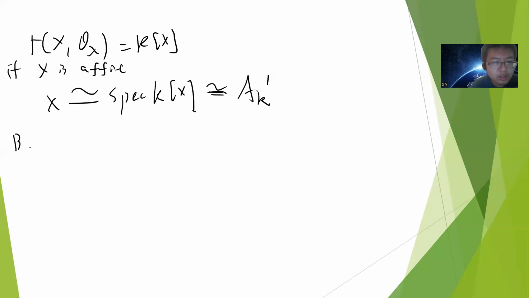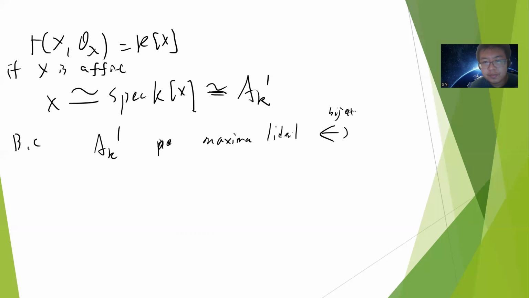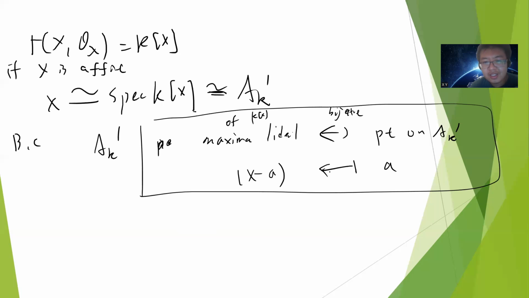We know that in A^1_k the maximal ideals are in bijection with the points of A^1_k. If k is algebraically closed, any point a maps to the prime ideal (x - a) of k[x], and obviously this is bijective.